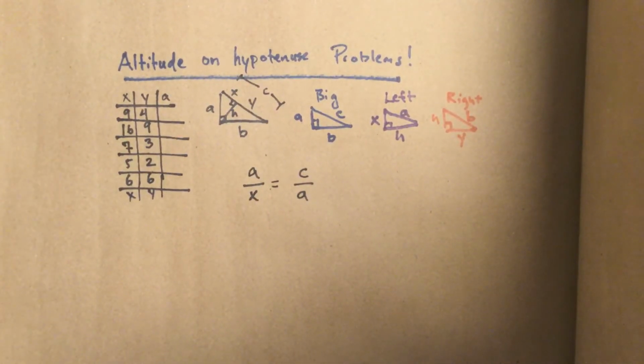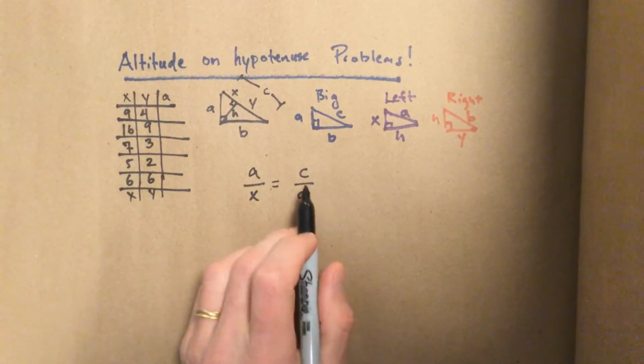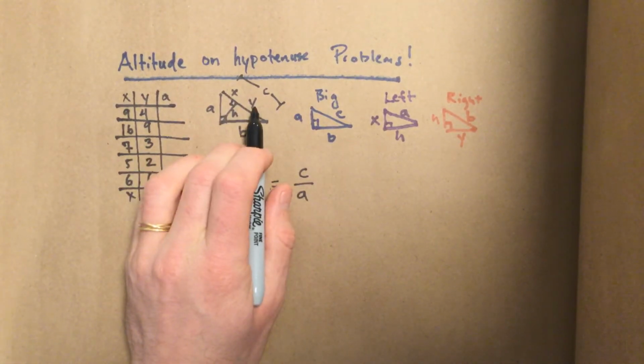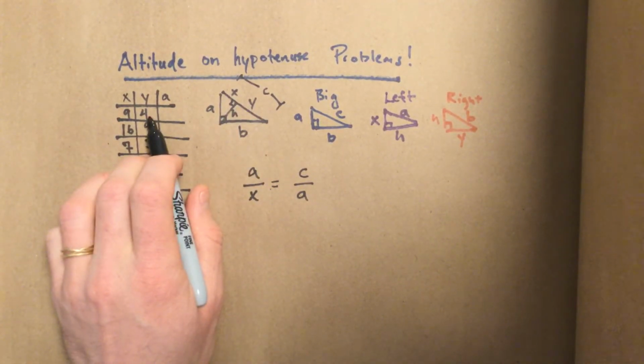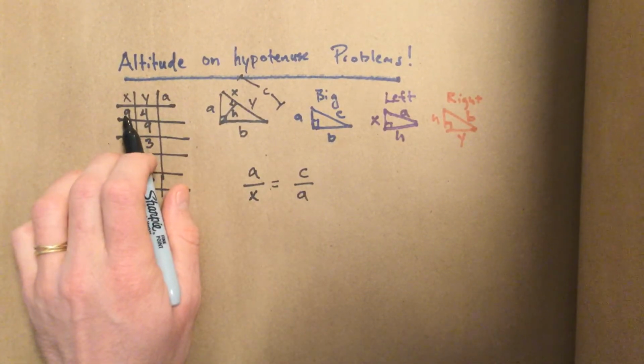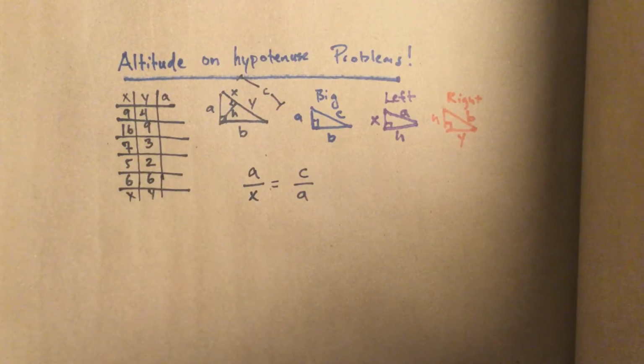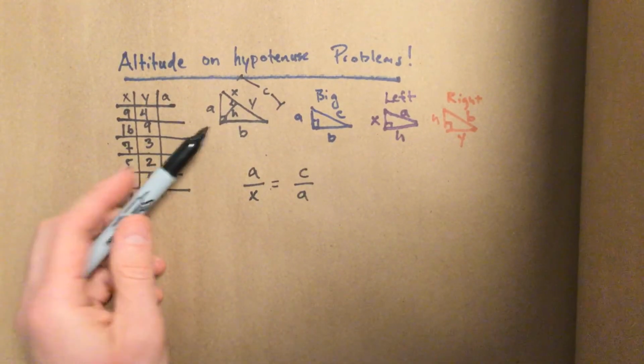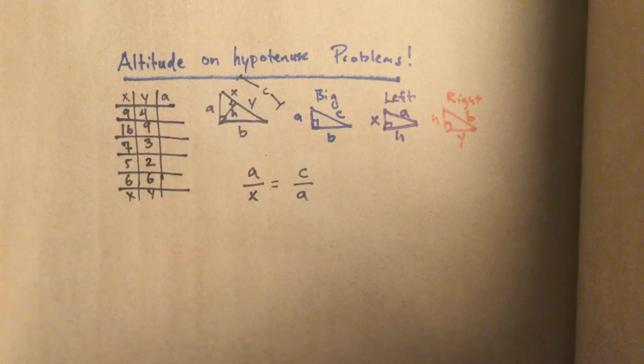And why is that important? Well, c is x plus y. So if I have y, I know c. Here in our first example, x is 9 and y is 4. So if I plug in 9 and 4, I get 13 for a value of c.